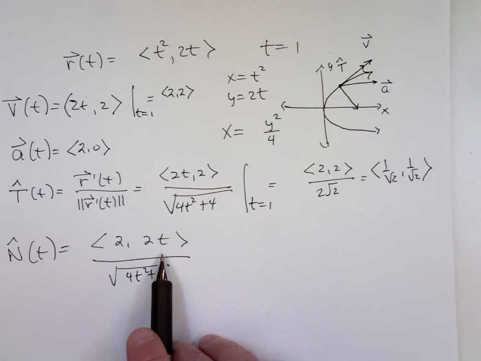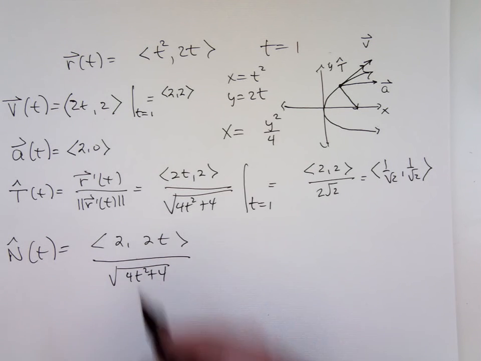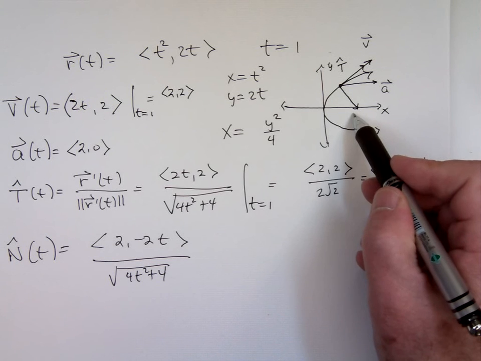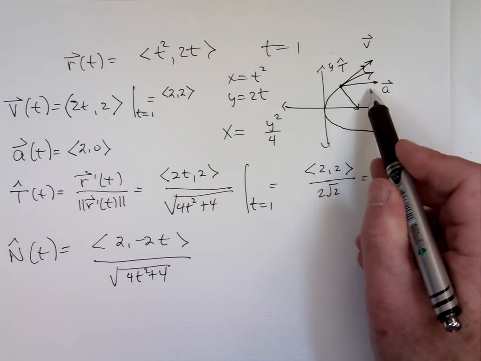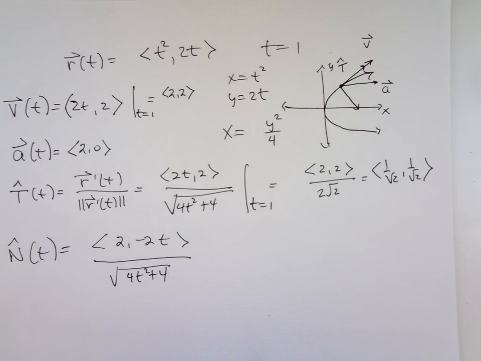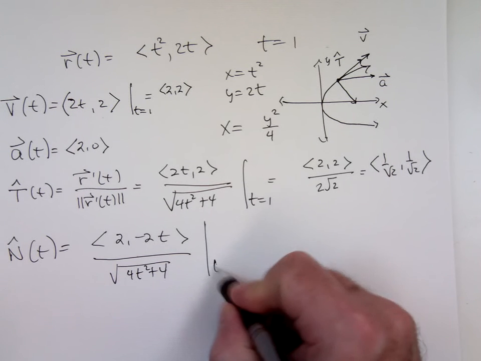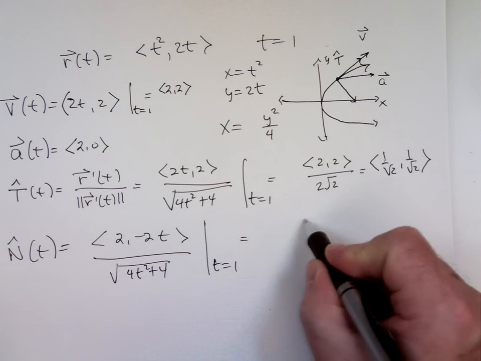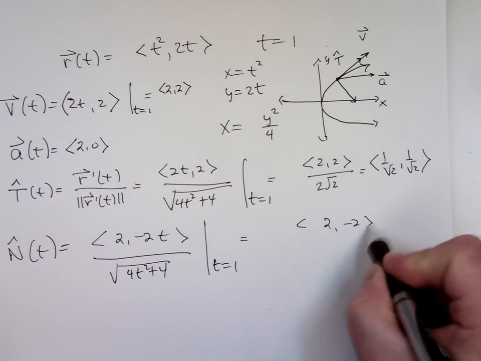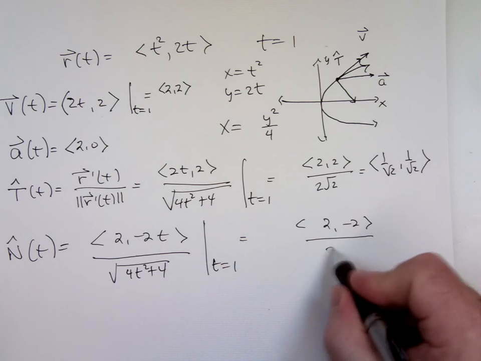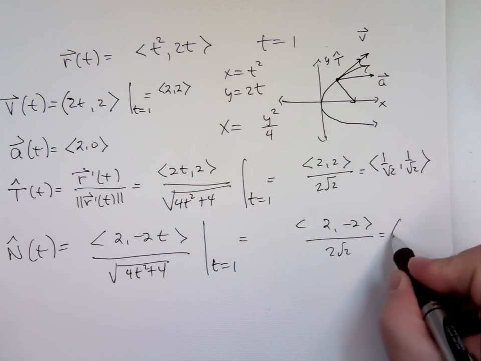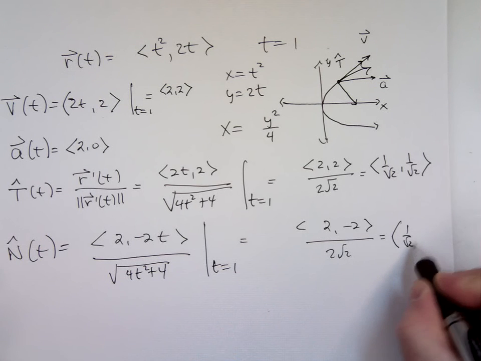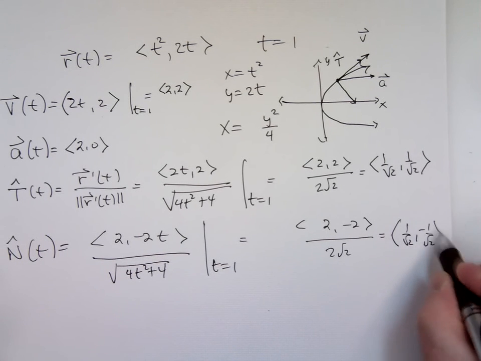Second. You want the y's to go downward, and the x's to go positive. So it's the second. At this point, we'll get 2, negative 2 over 2 square root of 2. So we'll get 1 over the square root of 2 and a negative 1 over the square root of 2. Okay, and that'll be this one here.